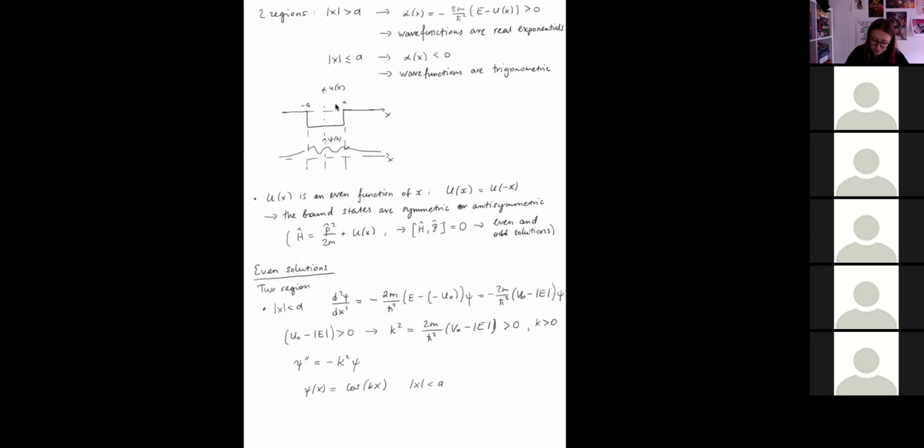Okay, so now let us look at the second region where modulus x is bigger than a. And here we have essentially the differential equation where U of x equals 0. So we just have minus 2m over h bar squared E. Sorry, so here we just have 2m modulus E over h bar squared.